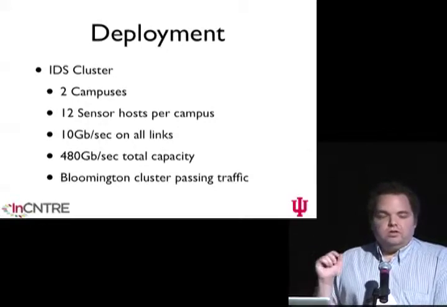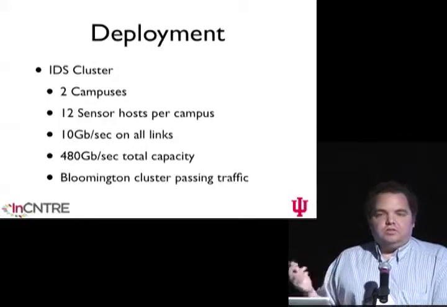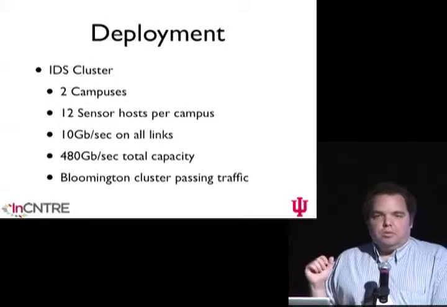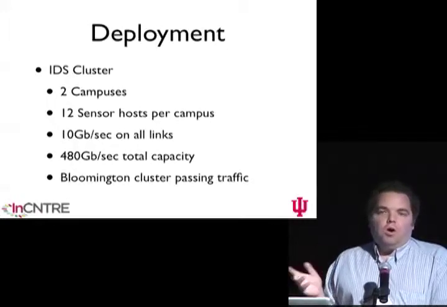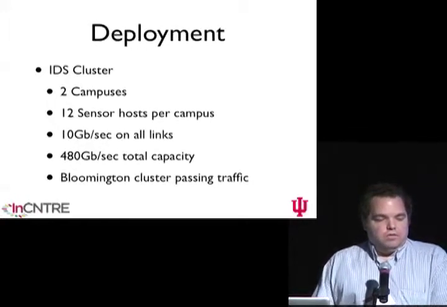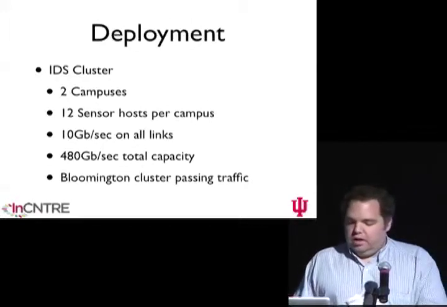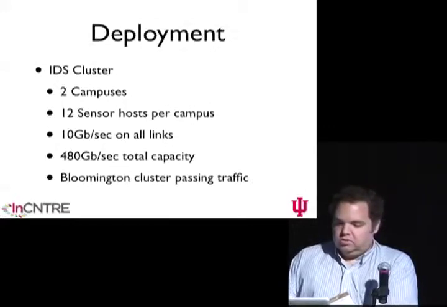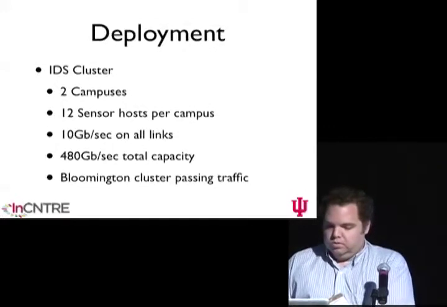With two switches, it actually gives us almost 500 gigabits of total capacity. All of the ports can forward at line rate, and currently the Bloomington campus is sending traffic. So let's go to the demo.